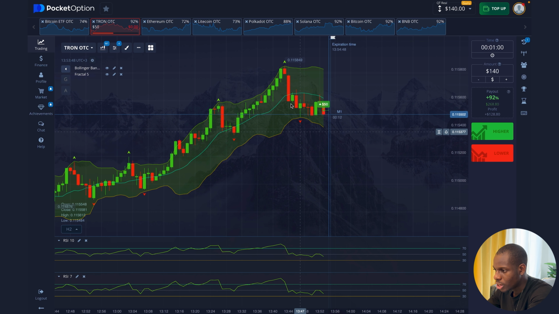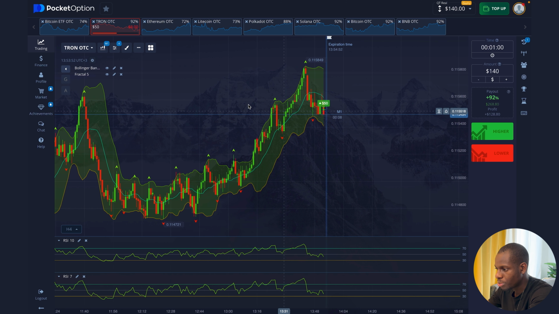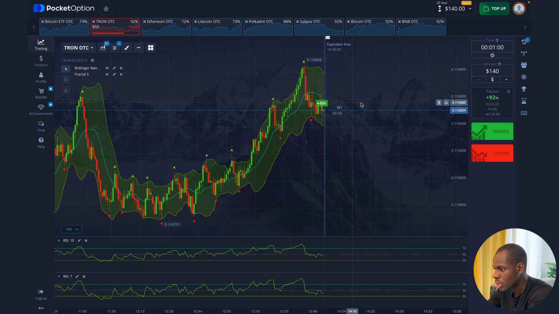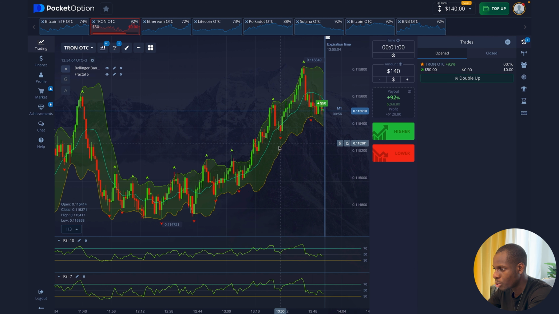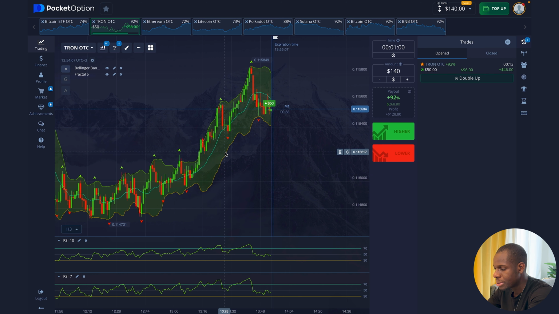So we see a touch of the Bollinger Band, which is also indicated by the fractal. So after that touch, just like the previous time, we also see that the oscillators are slowly exiting the oversold zone. So we can expect price to keep on going up to continue the uptrend. I mean, that was the basis of this trade. If the first one ends in a loss, but I think so far we're good.